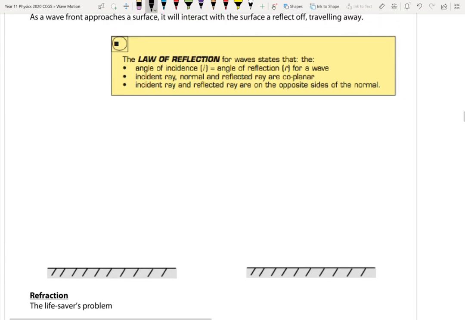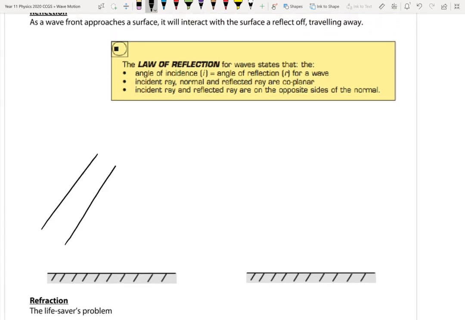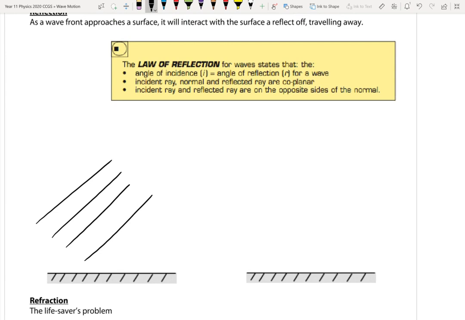Let's draw a wavefront first, and you'll see that a wavefront diagram is not the best way to draw this phenomena. Now, reflection is simply light bouncing off a surface.